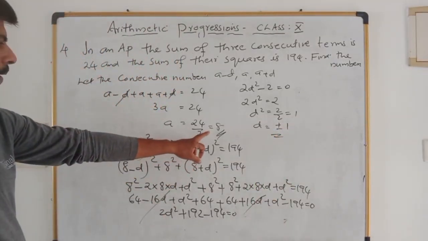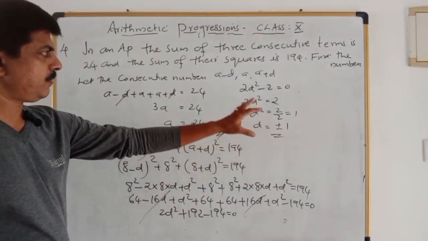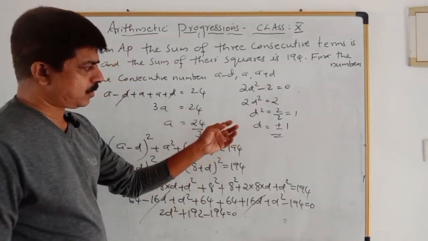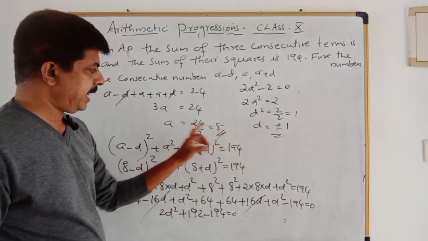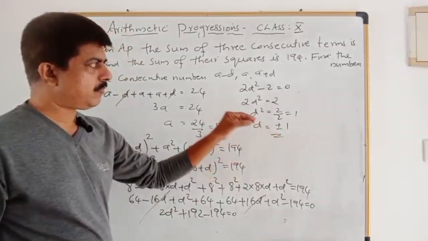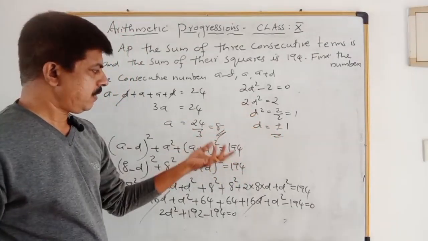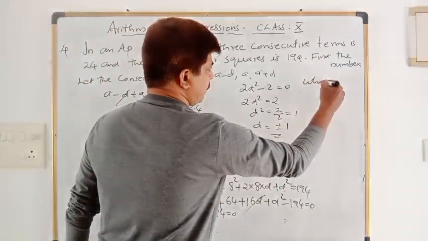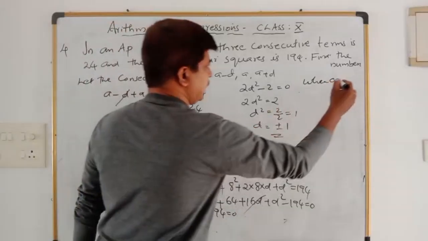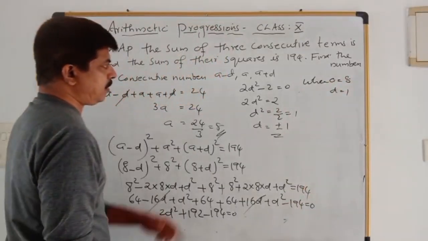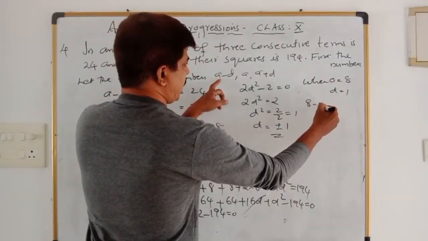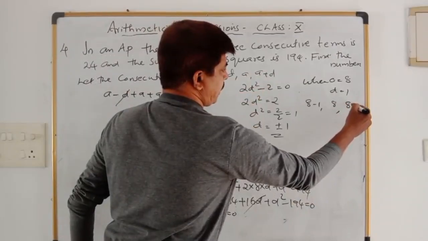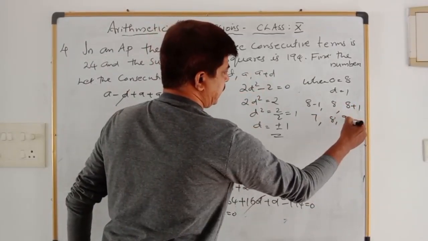The A value we already got. Now with A and D we have to form the AP. There are two sets of numbers that can be formed. When A is 8 and D is 1, we can form one AP: 8 minus 1, 8, 8 plus 1, so 7, 8, 9.